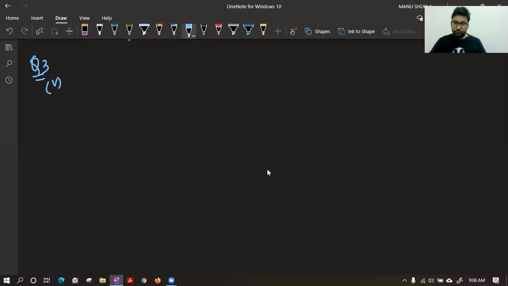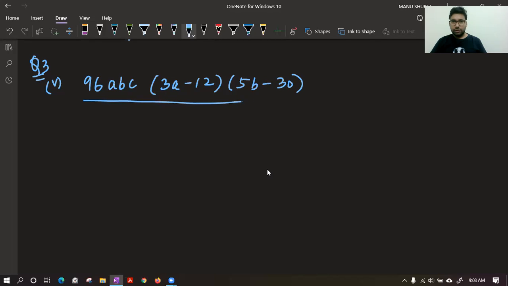In fifth part we have 96 ABC, 96 ABC in bracket 3a minus 12, and again a bracket 5b minus 30, divided by, what do we have, 144, a minus 4 and b minus 6.